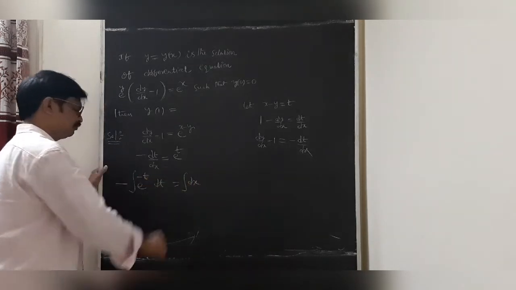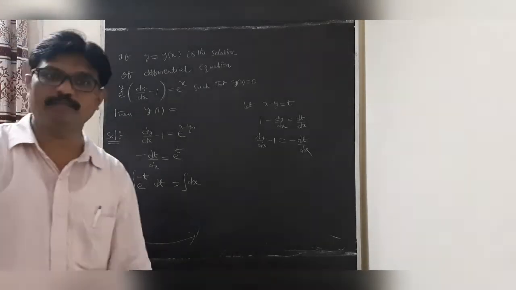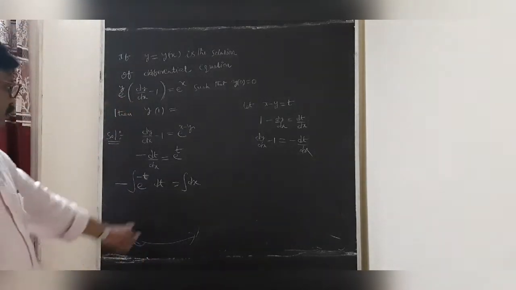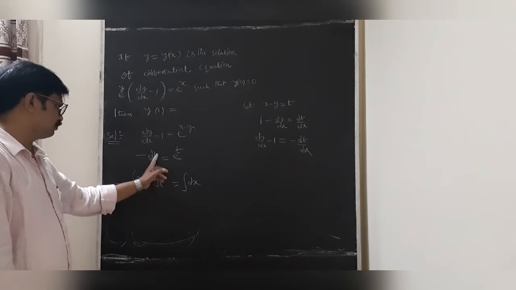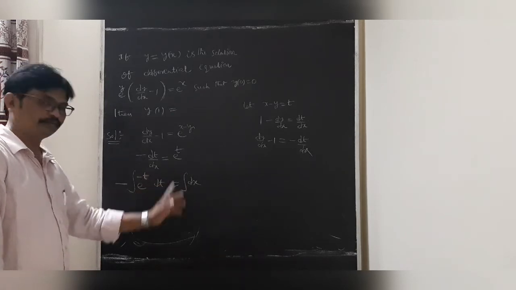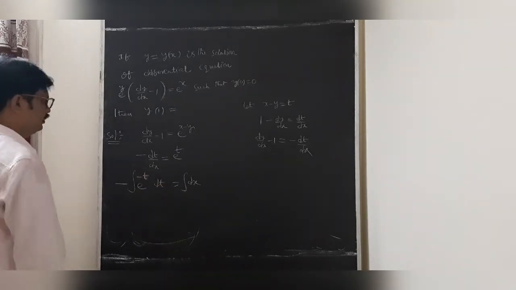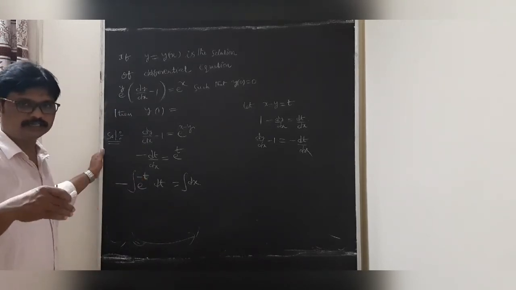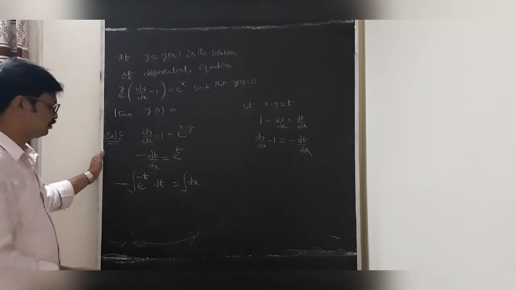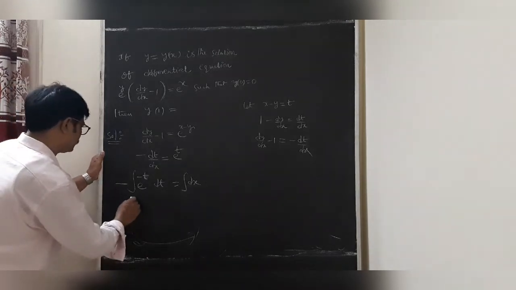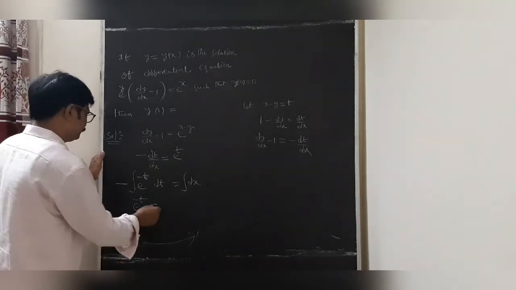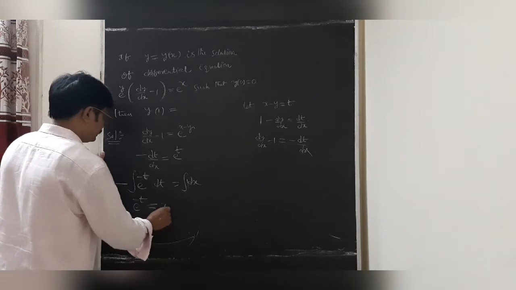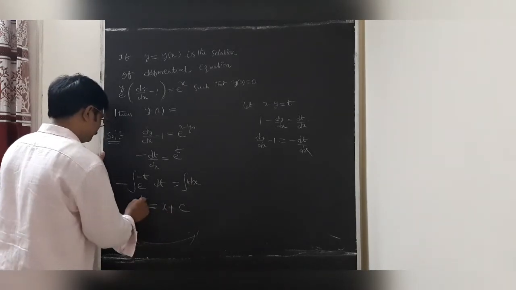Right, now we are taking variables separated and applying integrals on both sides. Minus the integral of e power minus t dt equals the integral of 1 dx. My dear students, the integral of e power minus t is e power minus t by minus 1. Minus of minus gives plus e power minus t, and the integral of 1 dx is x plus c.